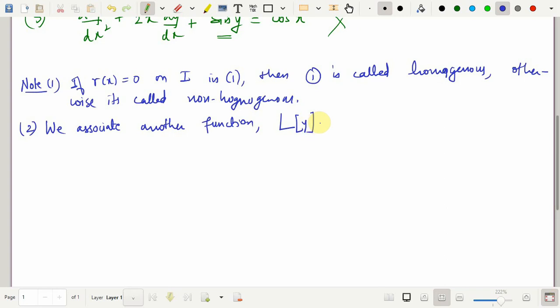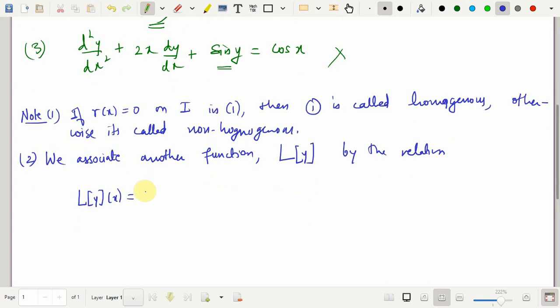This is a function, so at t or at x it will have those values, by the relation: L of y at x is nothing but y double dash of x plus p of x into y prime of x plus q of x into y of x.